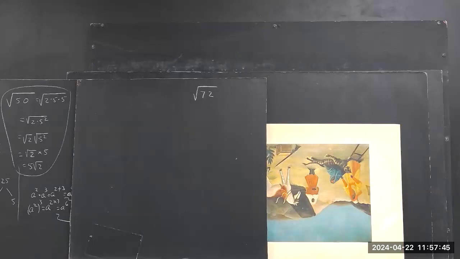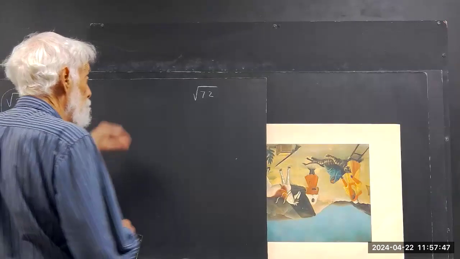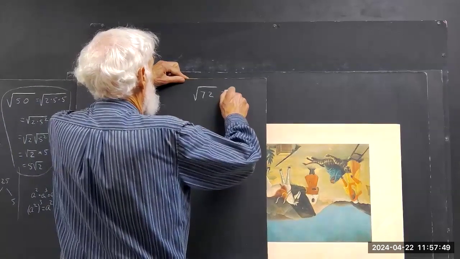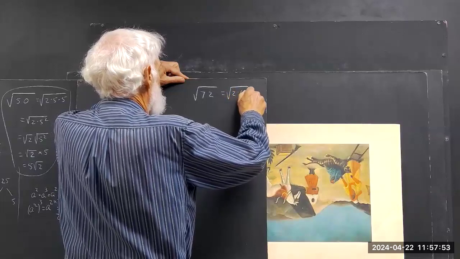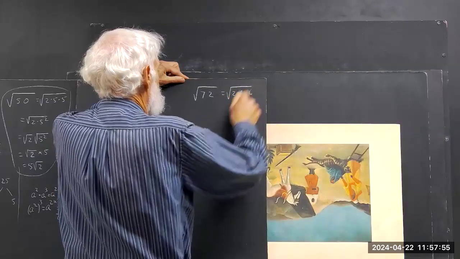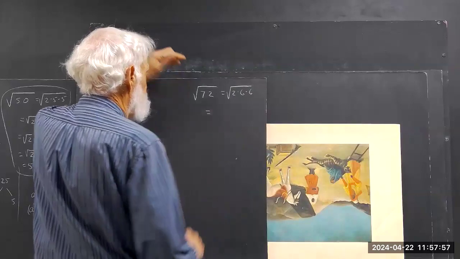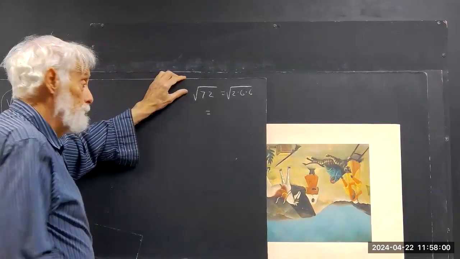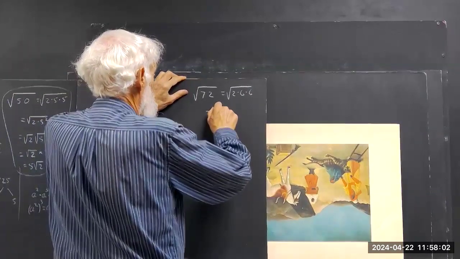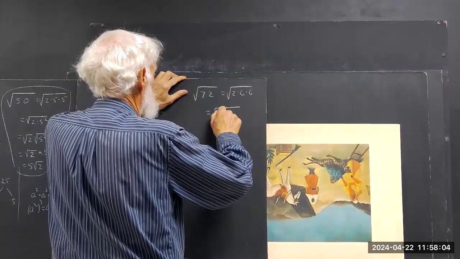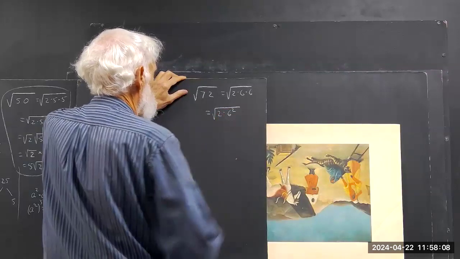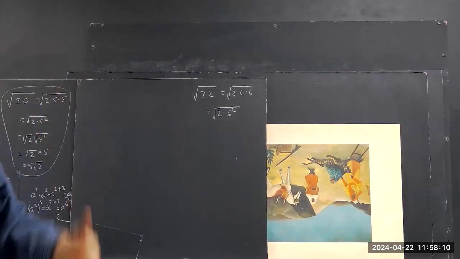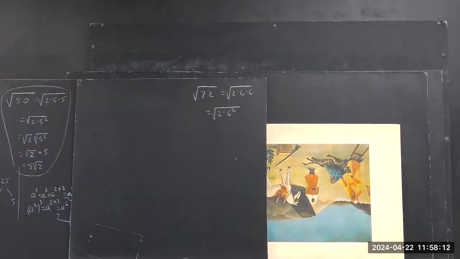Okay, now everybody did the prime factorization of 72 correctly. That's the square root of 2 times 6 times 6. Now you write that as the square root of 2 times 6 squared, and go ahead and finish it.